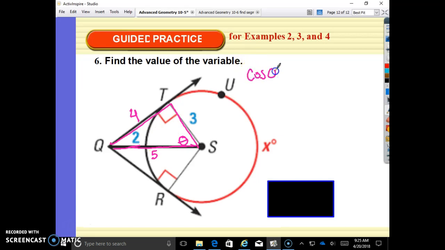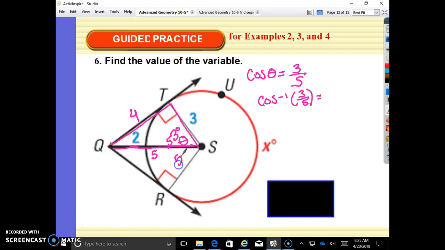So cosine of what equals adjacent over hypotenuse? The inverse cosine of 3/5 equals theta. So in our calculators, 3 divided by 5, or 0.6, second cosine, and we get 53.13. 53 degrees.